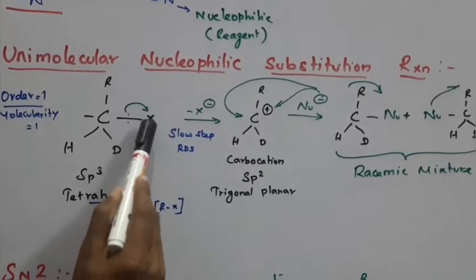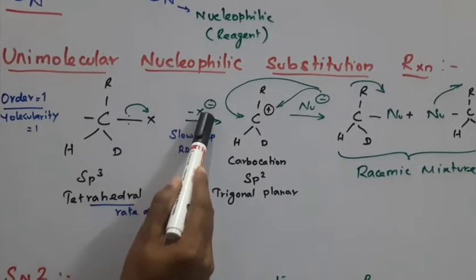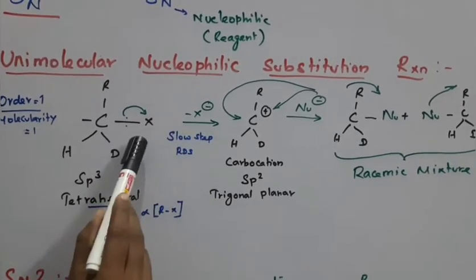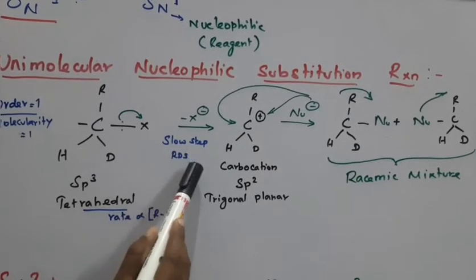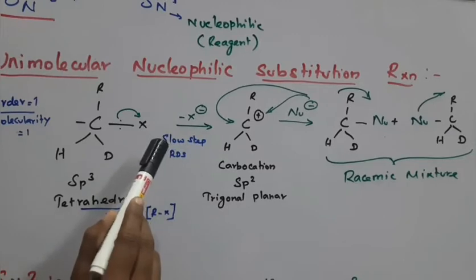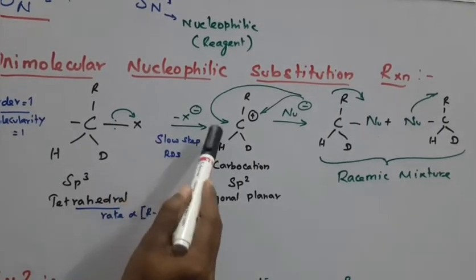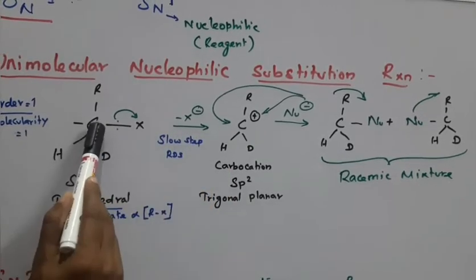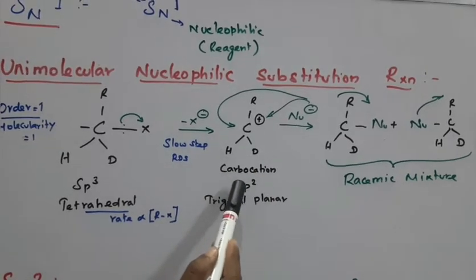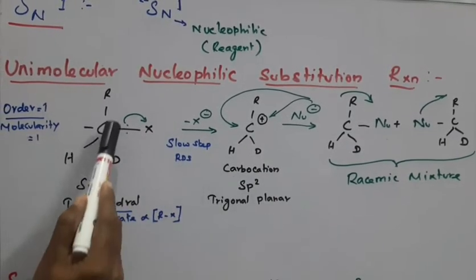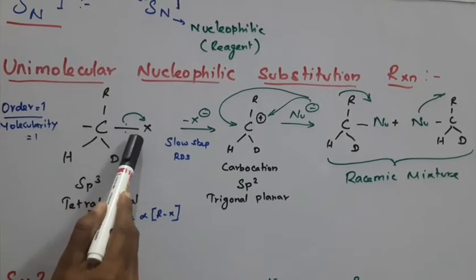So when the nucleophile attacks this carbon, the halogen leaves. It is the first, slow step, the rate determining step, slow because the nucleophile is a weaker one. The halogen leaves out. After that, this carbon gets positively charged, which is the carbocation intermediate. First the carbon is tetrahedral sp3 hybridized, attached to the halogen atom.